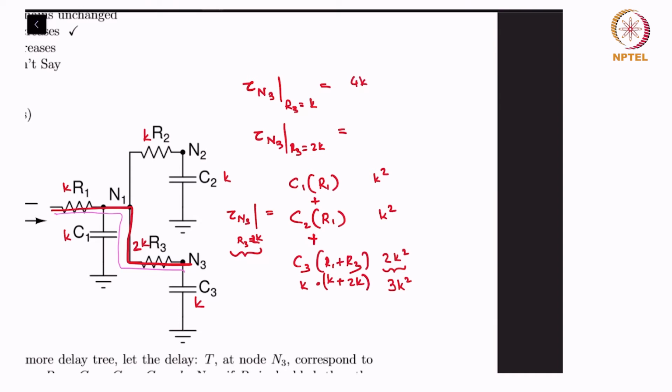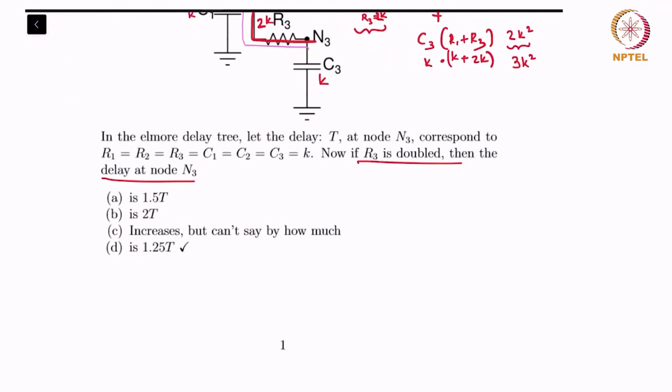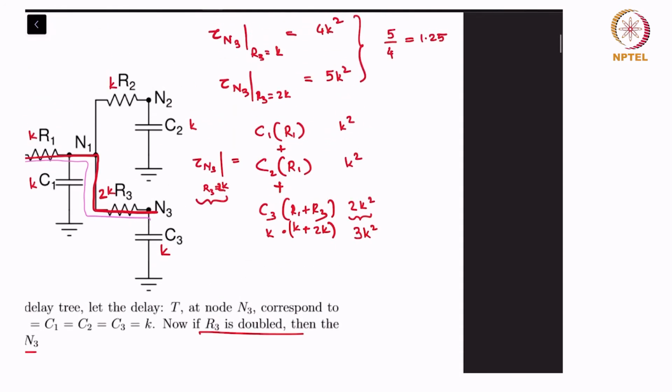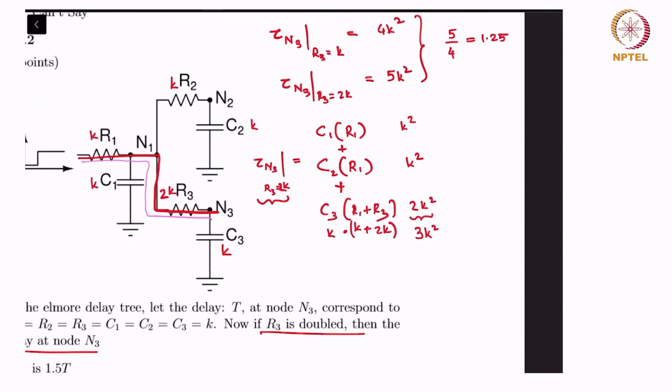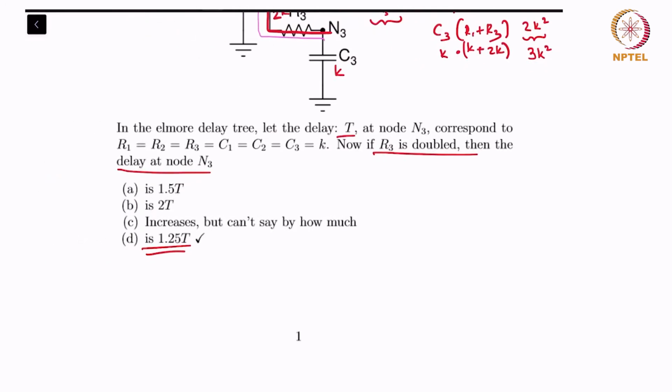It was 4k squared there, and then you will get 5k squared for the new case. Therefore the ratio is 5 by 4, which is 1.25. So this corresponds to 1.25T. That is, T was the previous case, and the next case in terms of T is 1.25T.